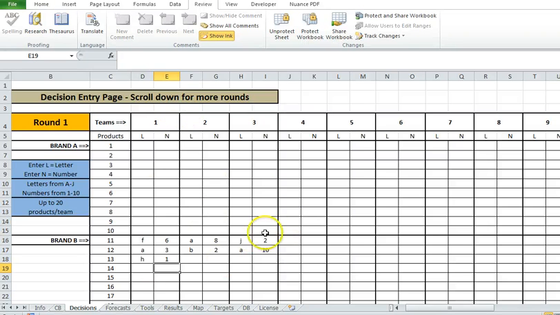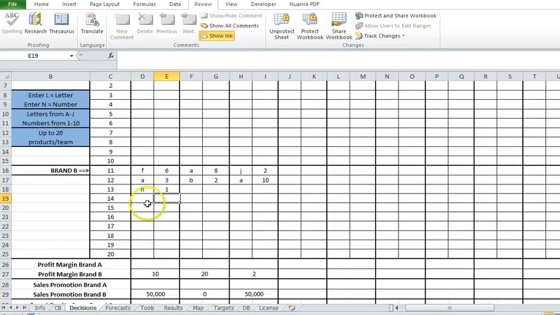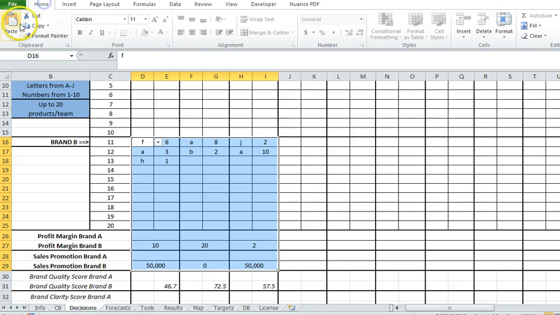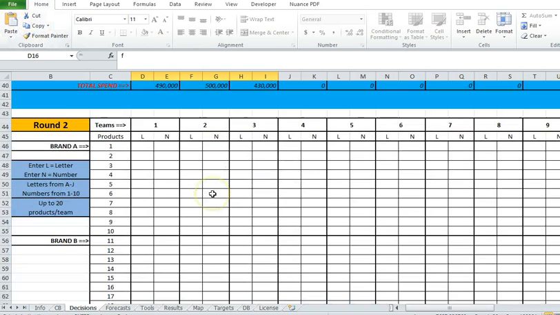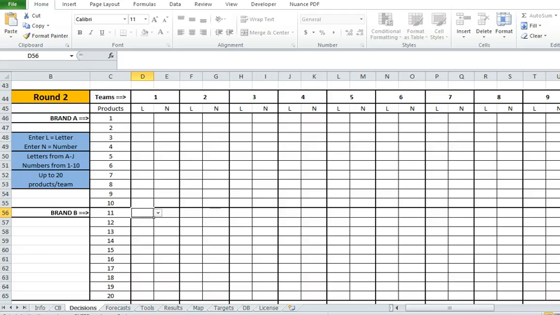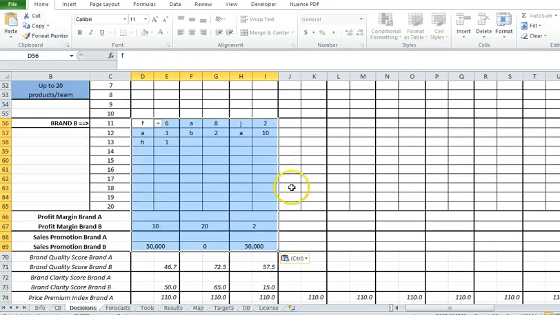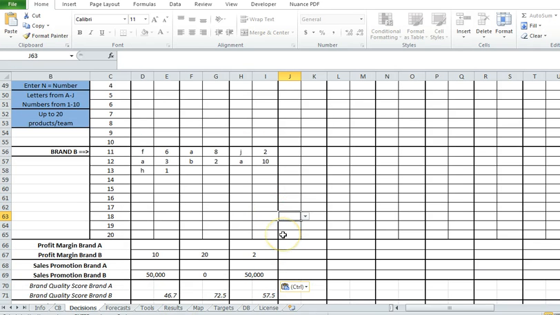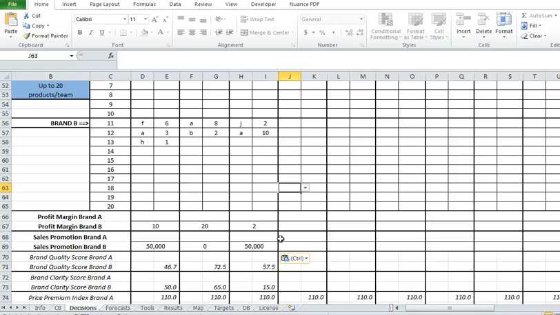Obviously, we'd have a lot more results here from different teams, but say we had this in play, what we could do is take what we have there, what the market is already, copy it, and then it's in brand B, and then paste it in. We are going to see, when we go to the results page, where the market will be in its entirety for next round if nothing changes.